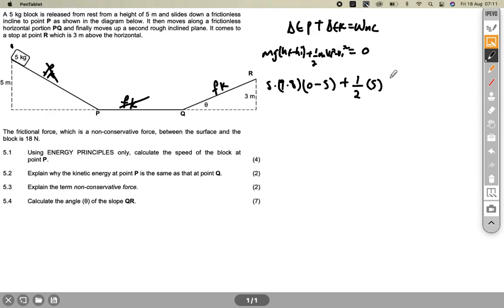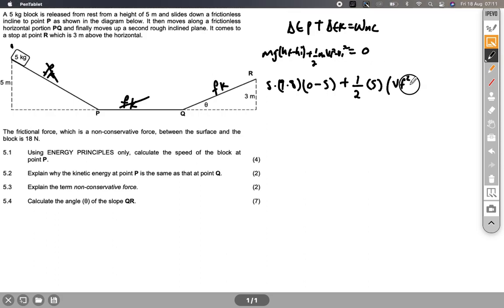And then our v final, we don't know. And then our v initial would be 0 since it's starting from rest, equals 0. Okay, and then you would just multiply this, and then you'd say 1 over 2 and transpose it after.